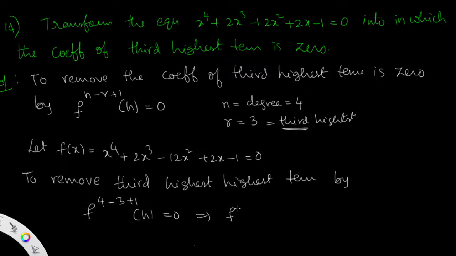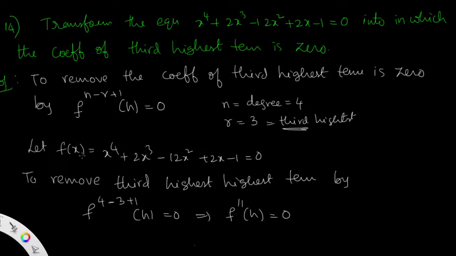So f square means f double dash of h equal to 0. So find the differentiation of the given equation 2 times. First, f double dash means differentiation with respect to x 2 times, and you make it 0, then the value of h becomes the number. The number can be any number, then calculate by using the Horner process.